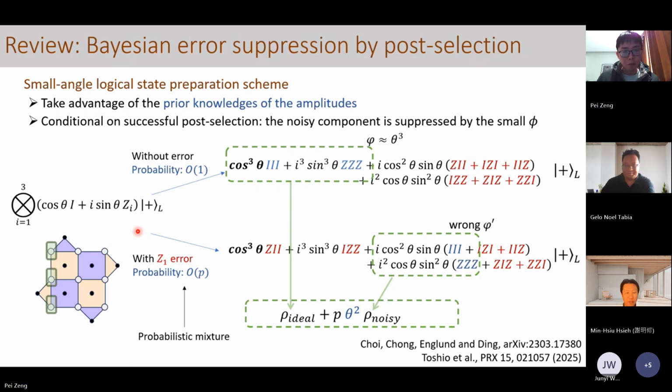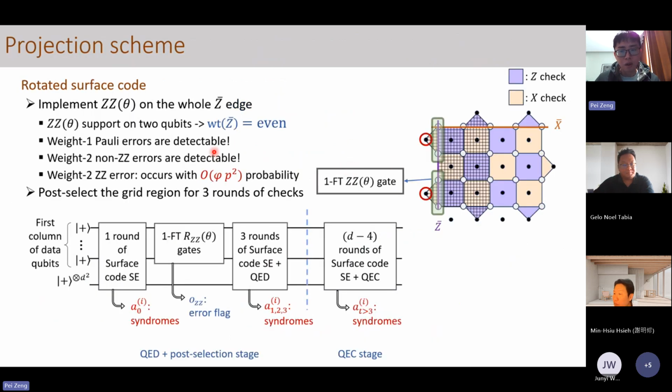Based on this projection scheme, we can combine it with our first-order fault-tolerant ZZ rotation design. We can suppress the error to 5p squared, where phi is the small angle you prepare.